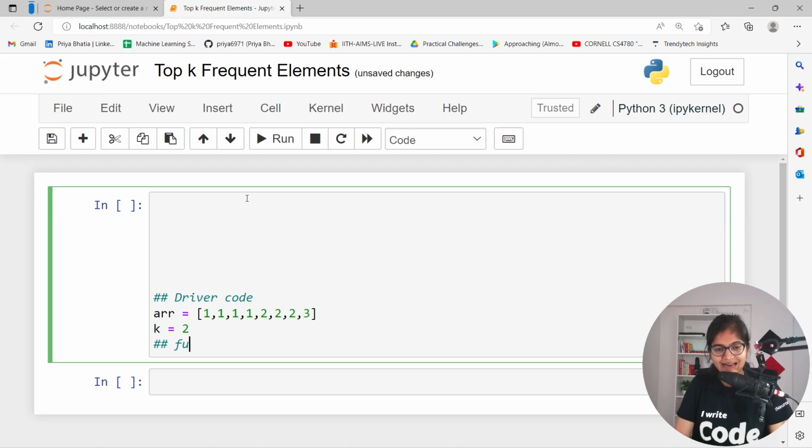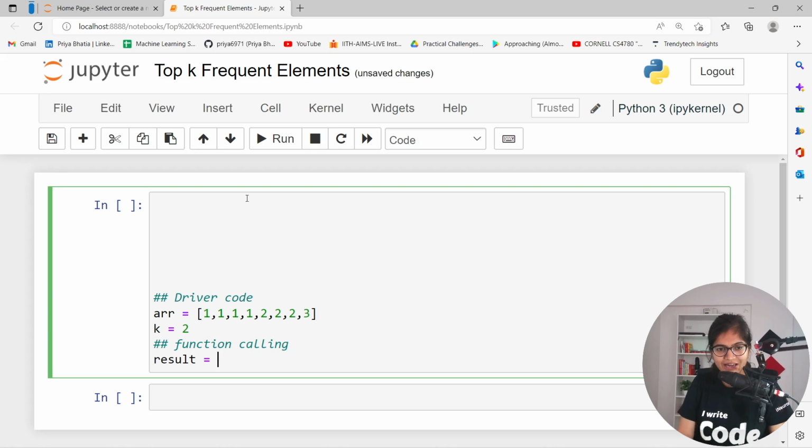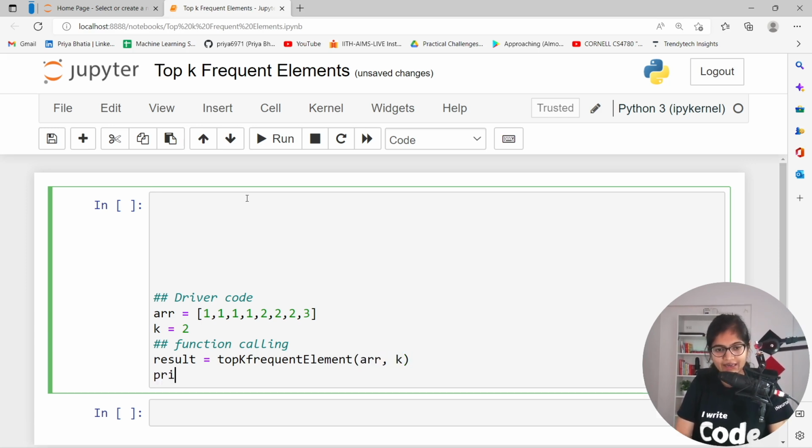Now I can call the function. So here there is a result which I am storing by calling the function top k frequent elements. This is the method name which I am calling, and inside that I am passing the array as well as the value of k, and I can print the result by saying the top k frequent elements are, and here we can simply say result.